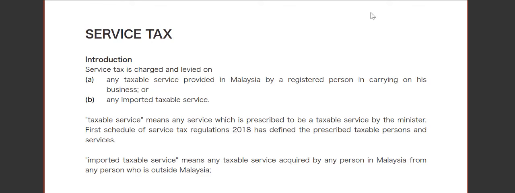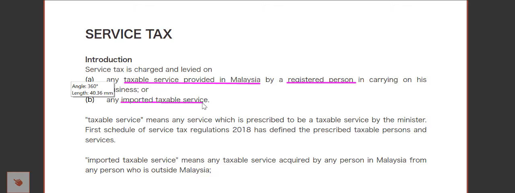Okay, so who will need to impose service tax? Now, service tax will be charged on taxable service provided in Malaysia by a registered person or any form of imported taxable service. Okay, now what do you mean by taxable service?